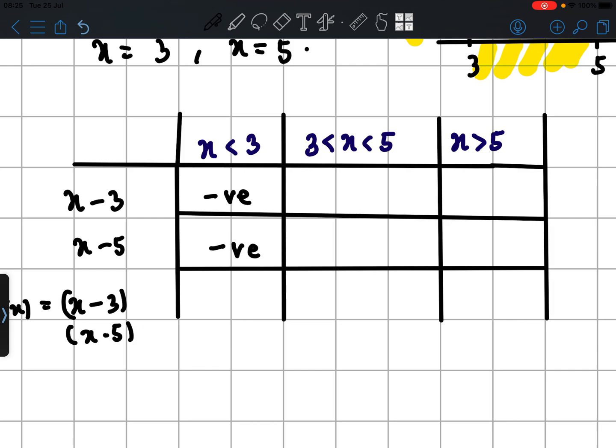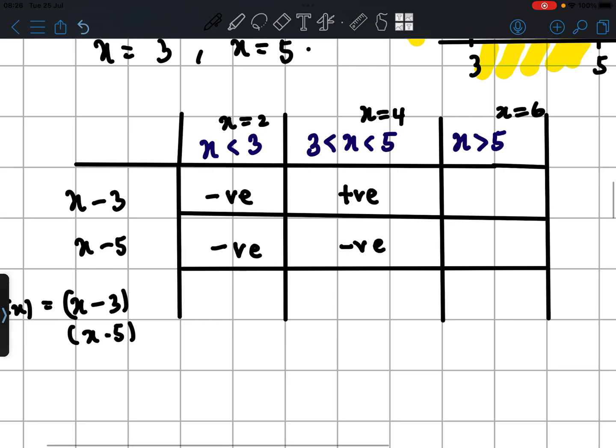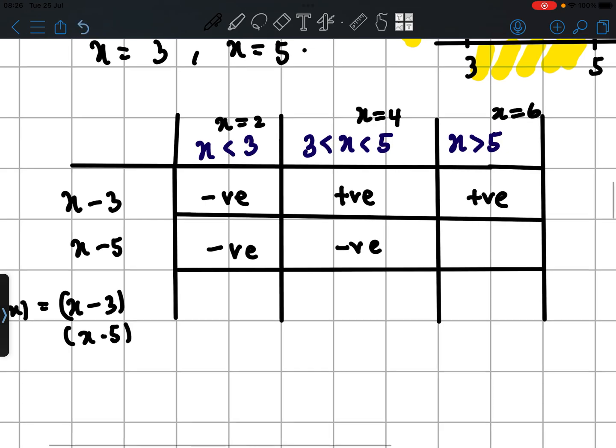For example, I take x is 4. So subs in the value, 4 minus 3 is positive, 4 minus 5 is negative. So we just take the sign, don't have to take the value lah. What about when x is 6? When x is 6, both are positive.